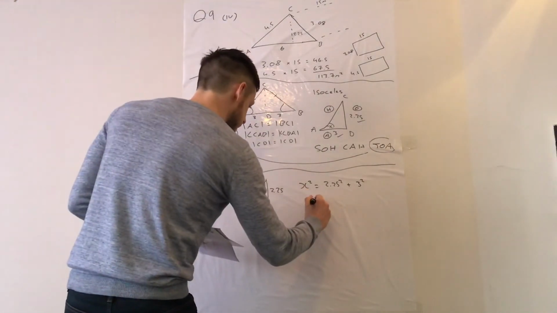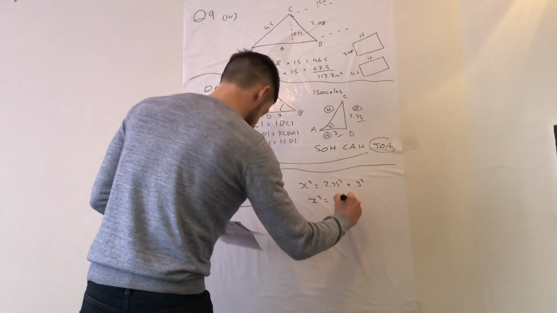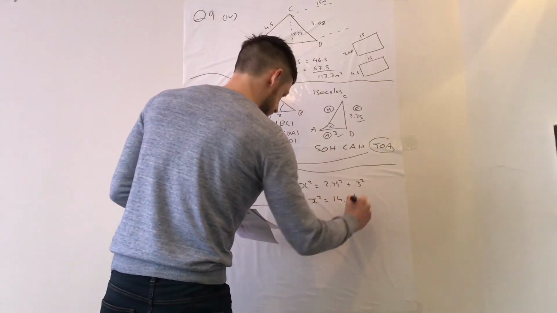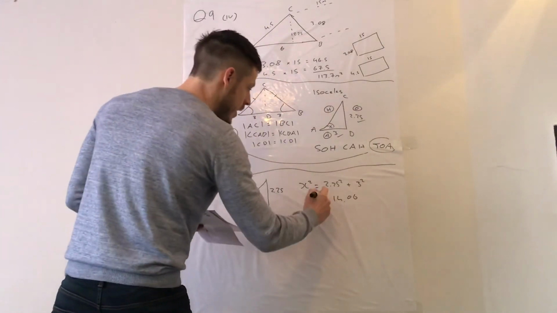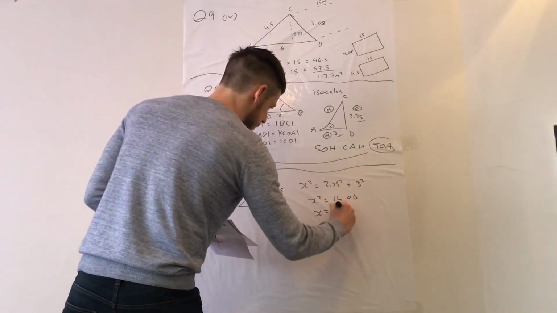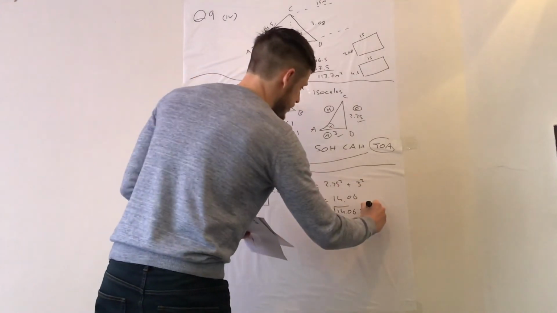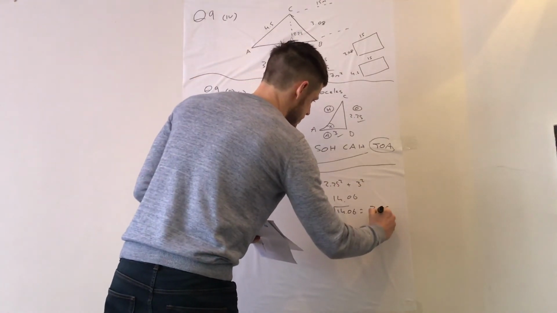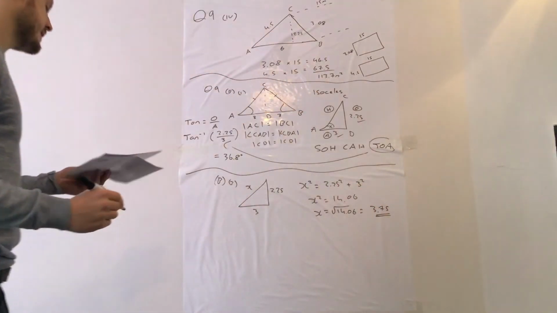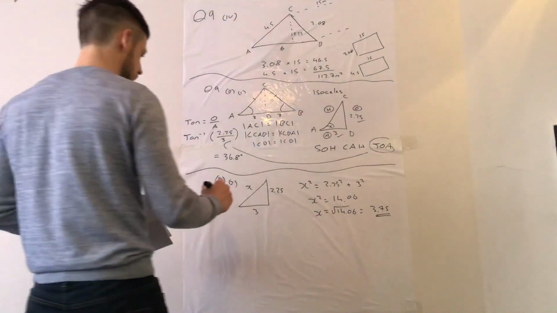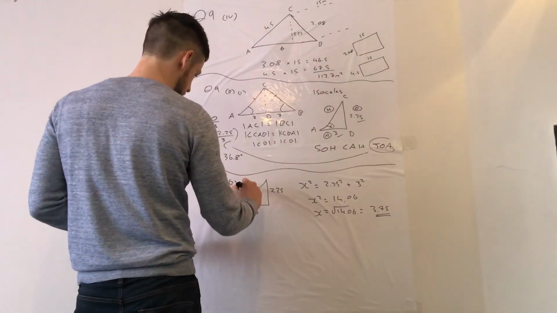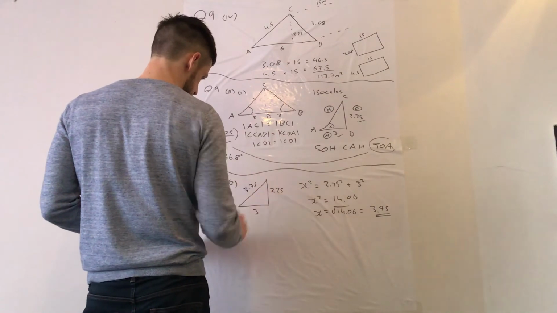So I get x squared is equal to 14.06. That's them added together. And I need to get the square root of that, so x is equal to the square root of 14.06, or in this case it's 3.75. So x is 3.75.